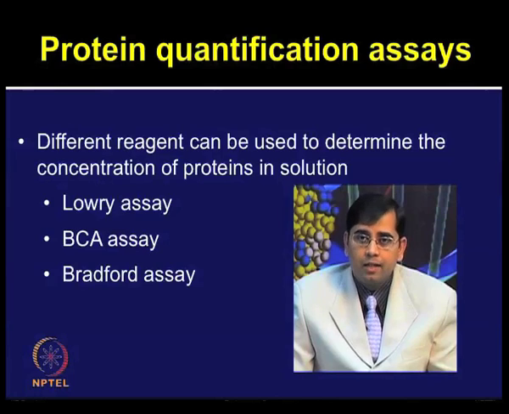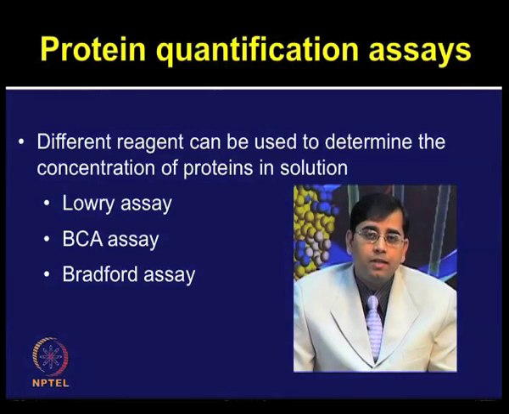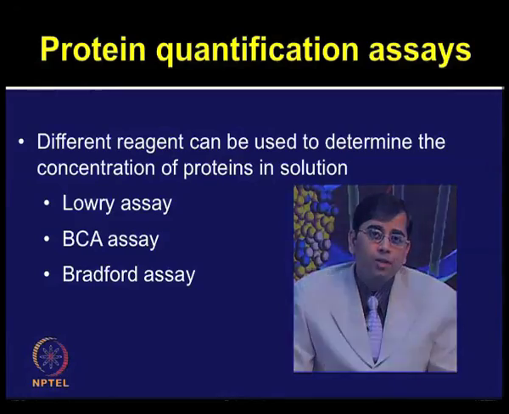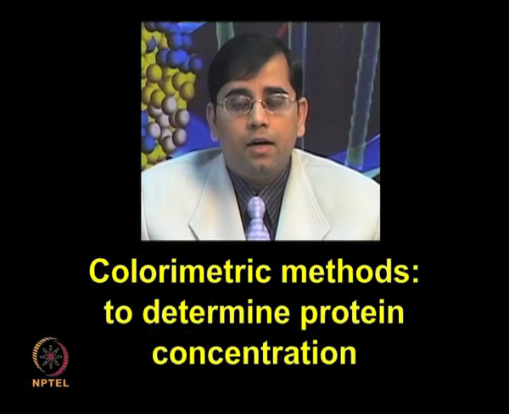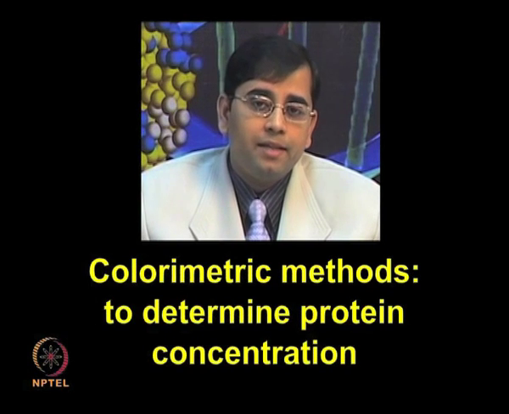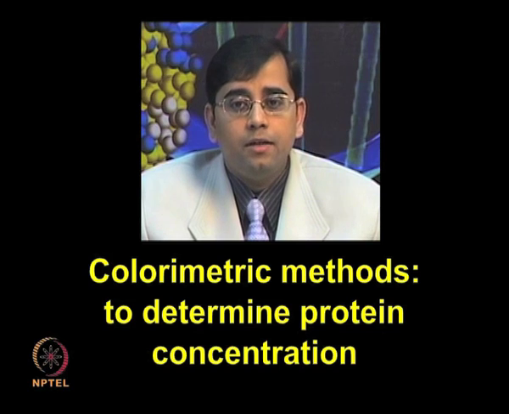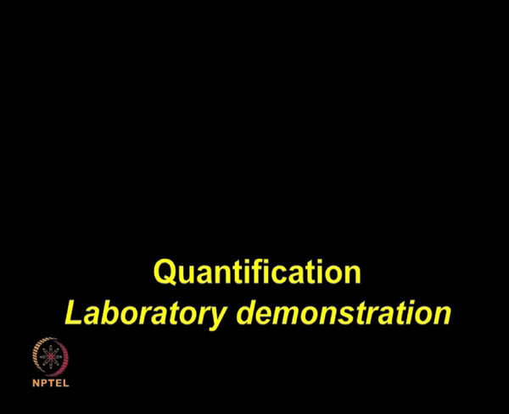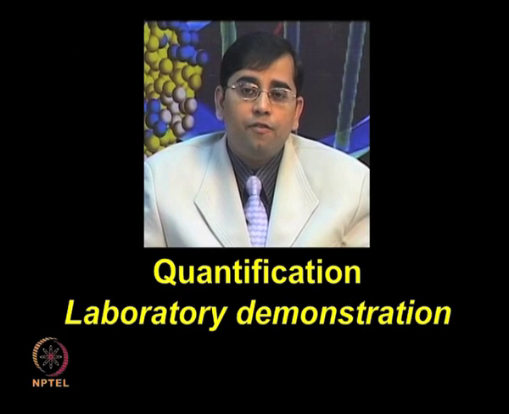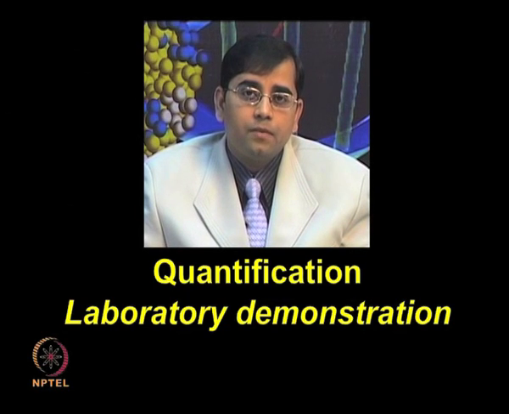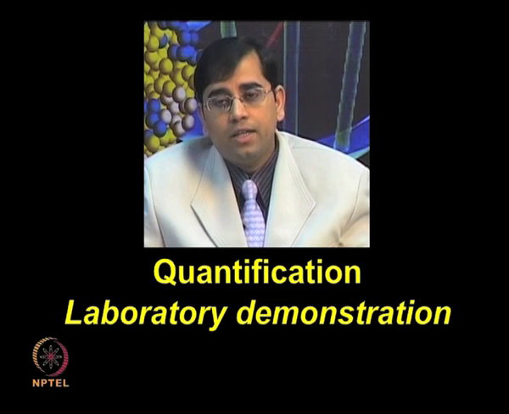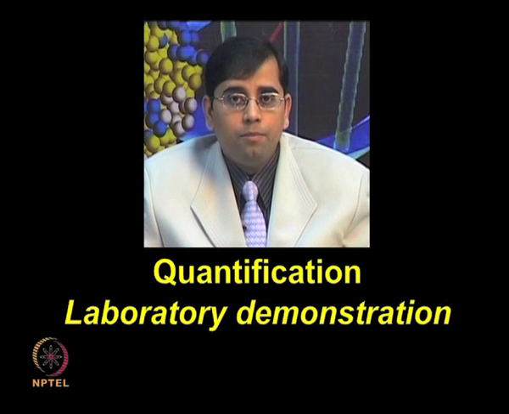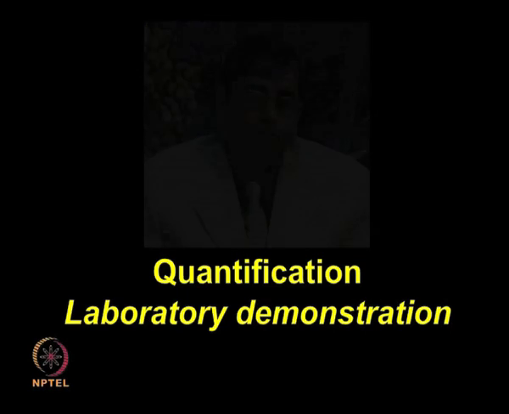There are several other assays as well, but we will talk about these three more commonly used methods. So, let us talk about different types of colorimetric methods to determine the protein concentration. How to perform the quantification? Let me show you one video, a laboratory demonstration of how to perform protein quantification.